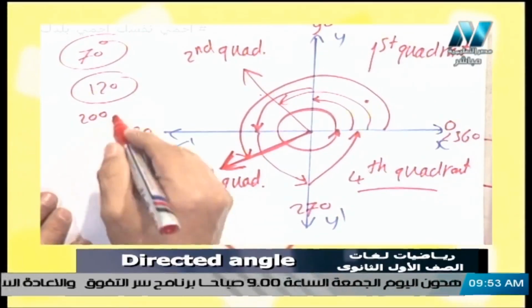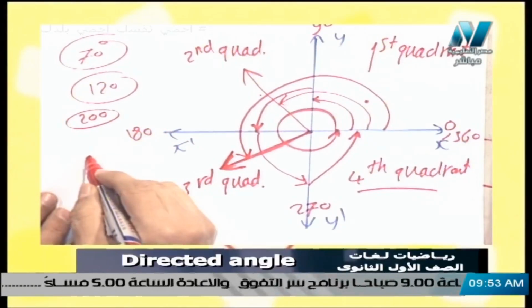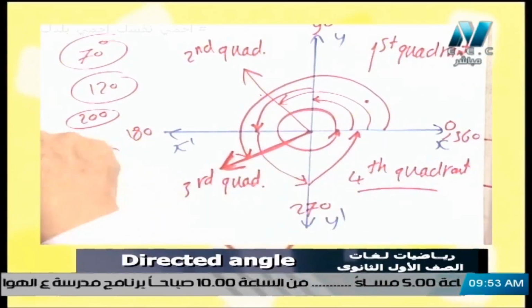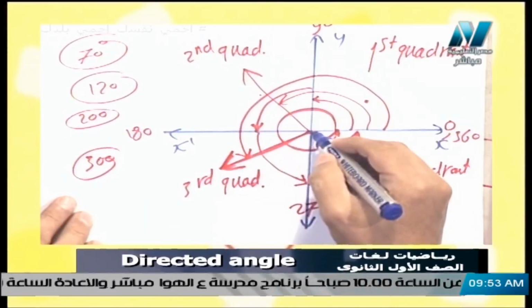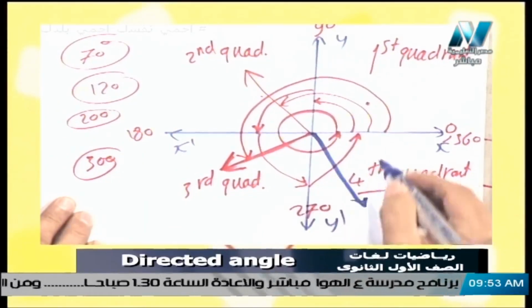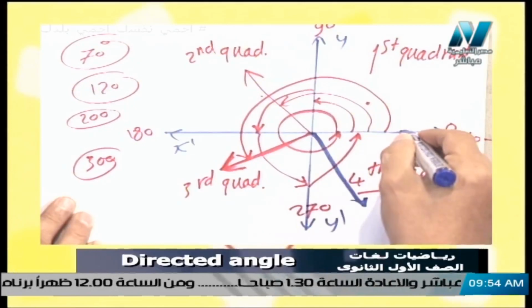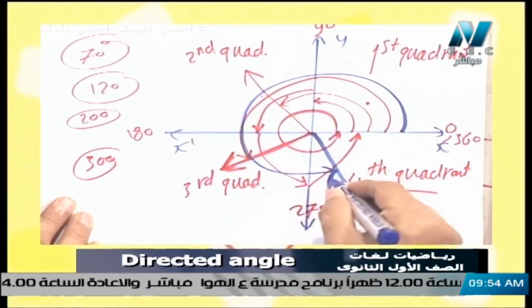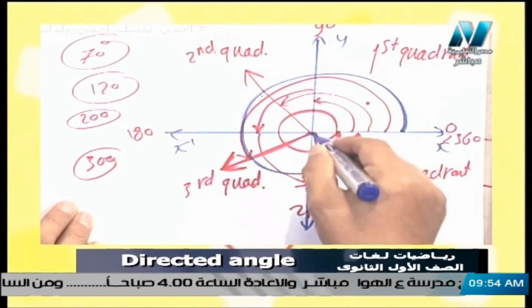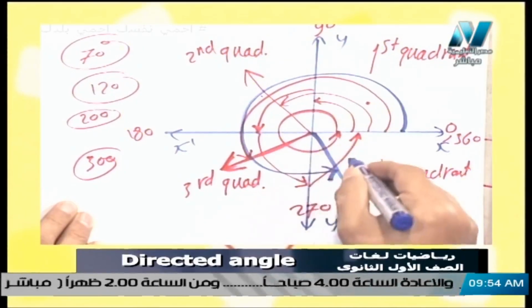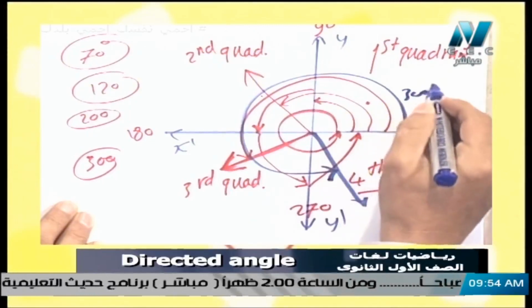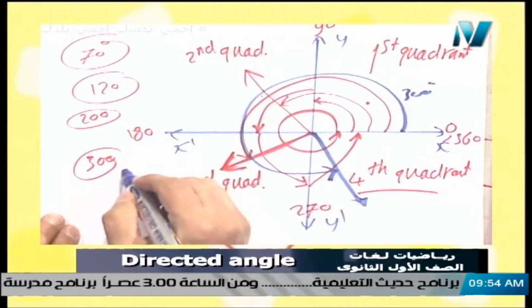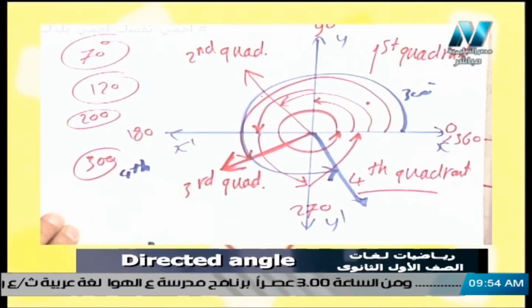And if we have 300 as an example, if we draw the angle 300, look carefully with me. If we start here and we have the end here, its terminal side will be here. It is 300 degrees, and its terminal side lies in the fourth quadrant, so it is in the fourth quadrant.